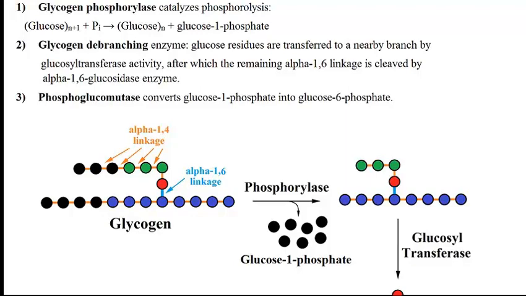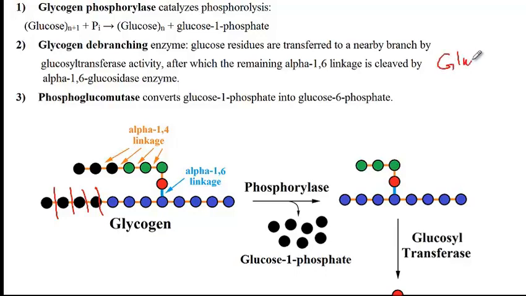So the first enzyme is glycogen phosphorylase, which catalyzes phosphorylysis of the glycogen molecule, breaking all these alpha 1,4 linkages. As it does that, the glucose 1-phosphate will be released from the glycogen molecule. Now, glucose 1-phosphate is not really an intermediate of glycolysis. We will need glucose 6-phosphate.